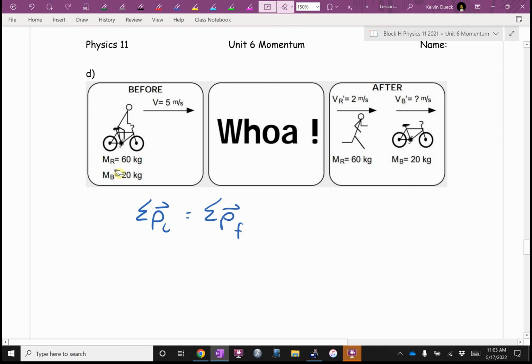It looks like they want me to use R for rider and B for bike. I'm good with that. Joanna, before the collision, what's moving? The rider, the bike, both or neither? Stuck together or separate? I guess that's going to look like mass rider and mass bike stuck together.